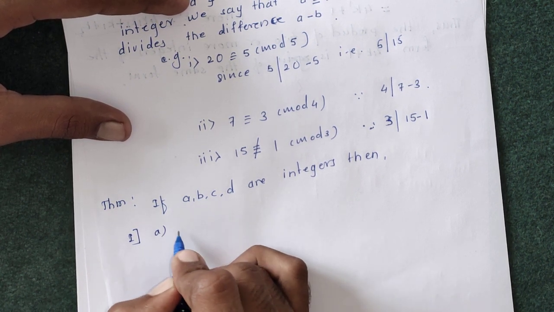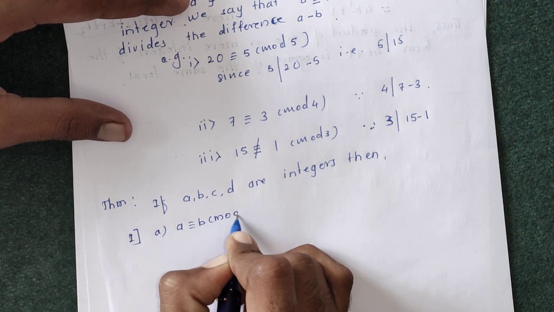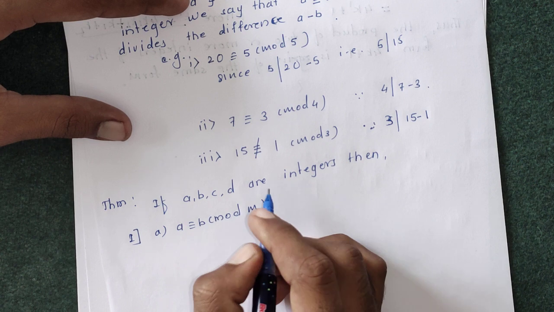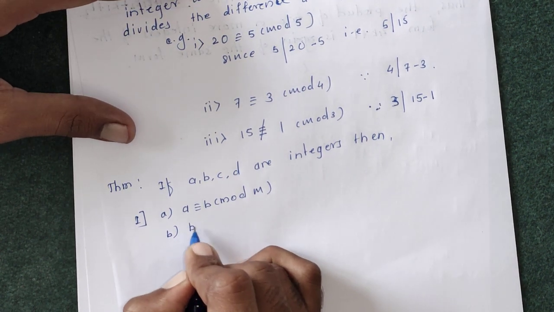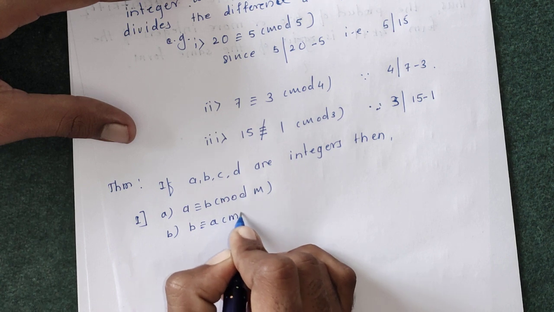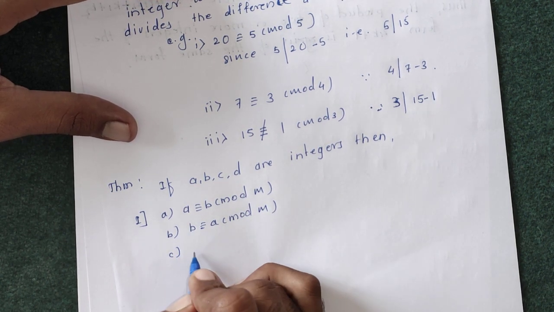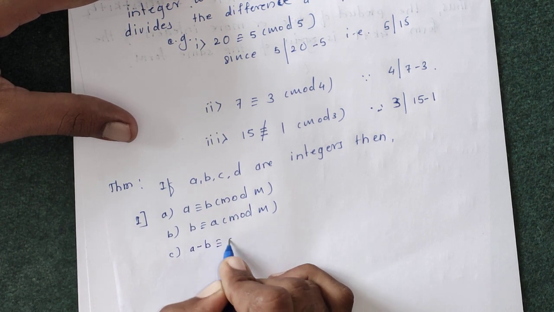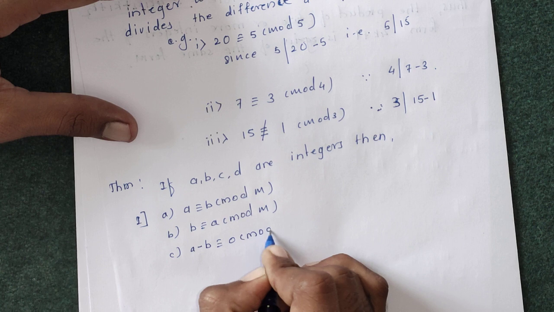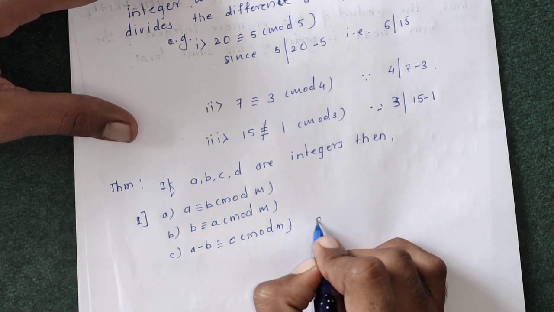A is congruent to B mod m. B is congruent to A mod m. And A minus B is congruent to 0 mod m. These three statements are equivalent.